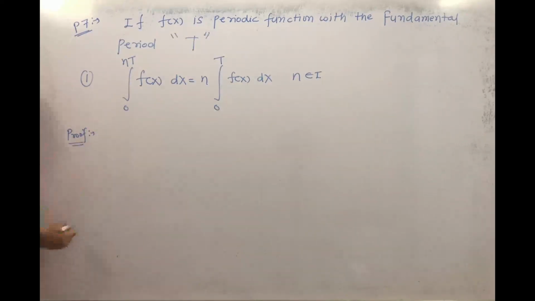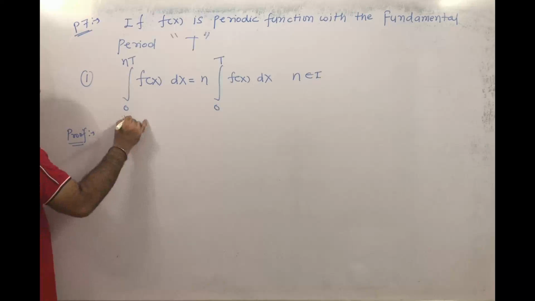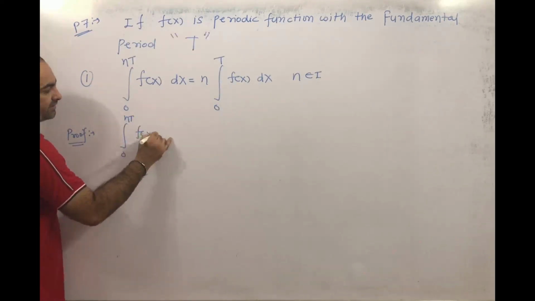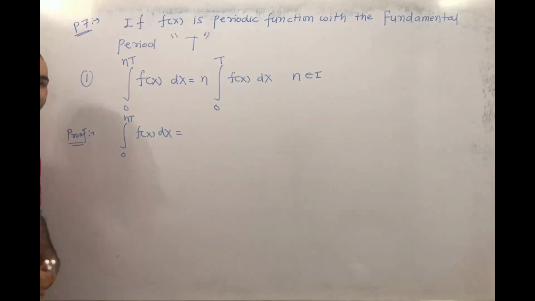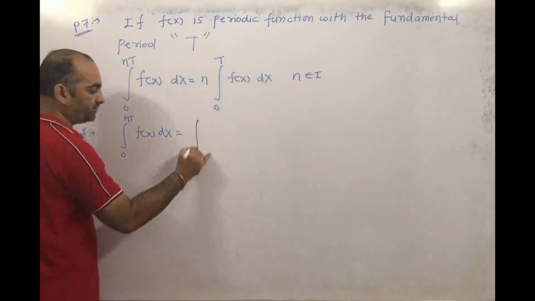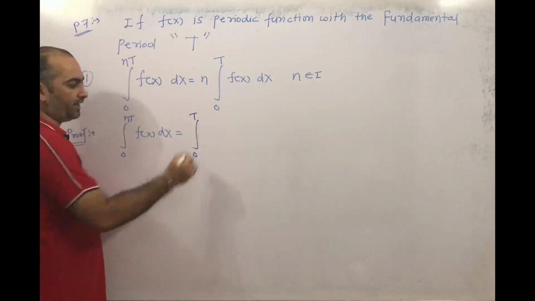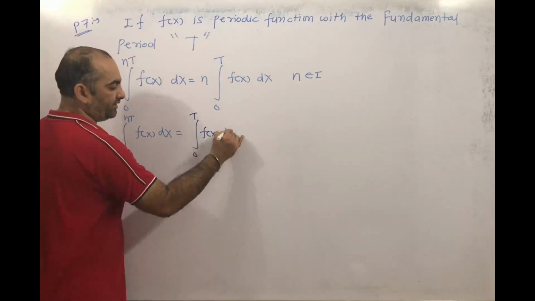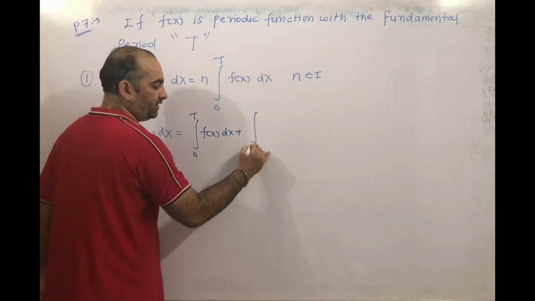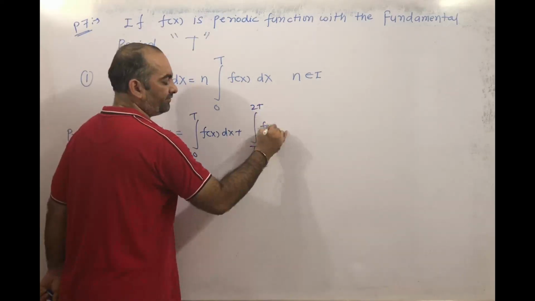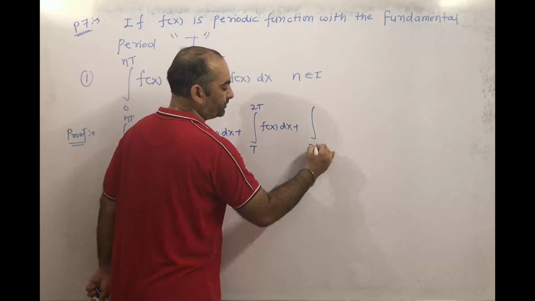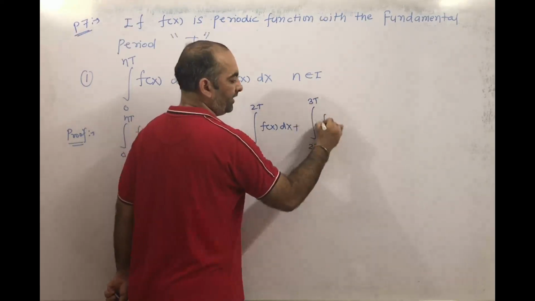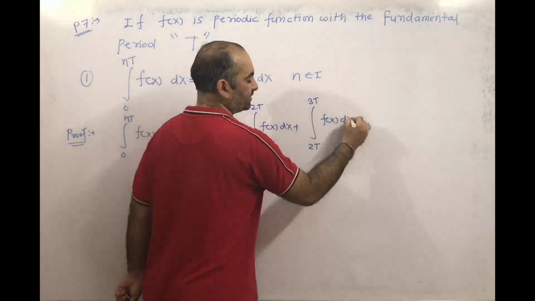So what is the proof? Integration 0 to nT f(x) dx. So this integration we can write as integration 0 to T f(x) dx plus T to 2T f(x) dx plus 2T to 3T f(x) dx plus dot dot dot.